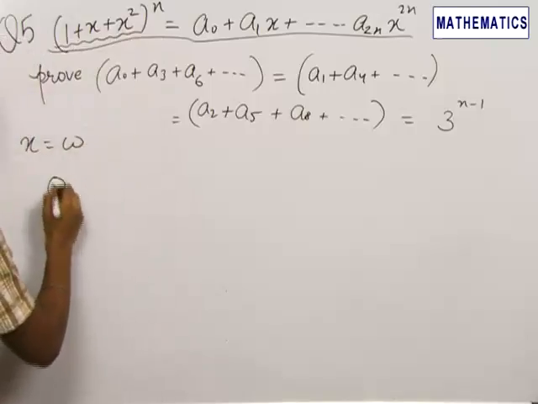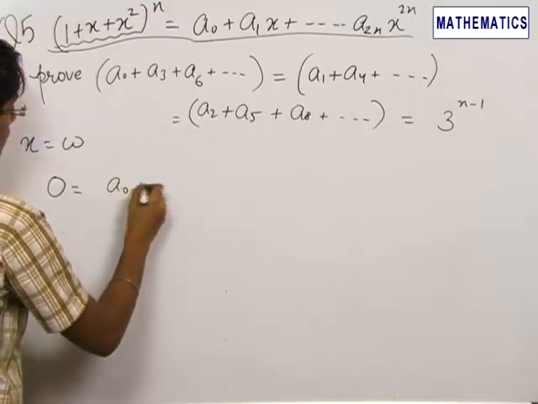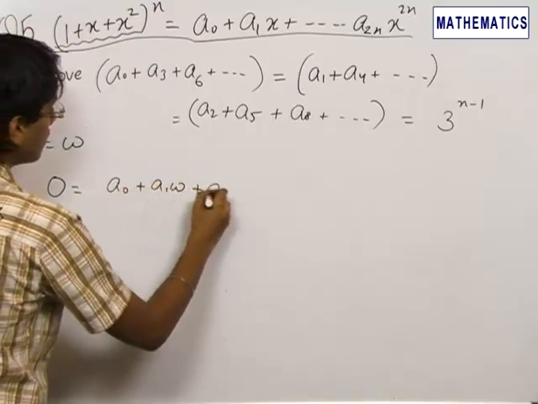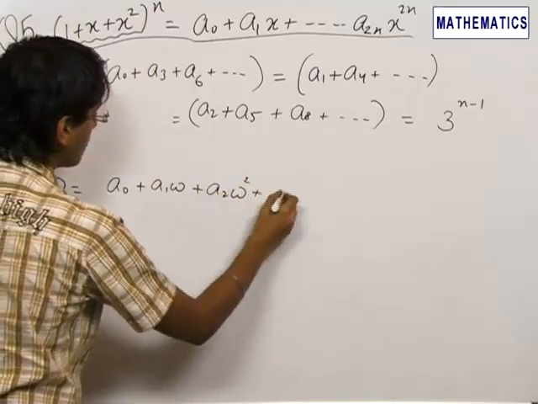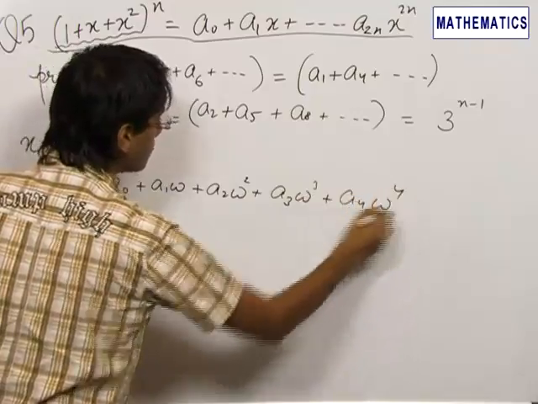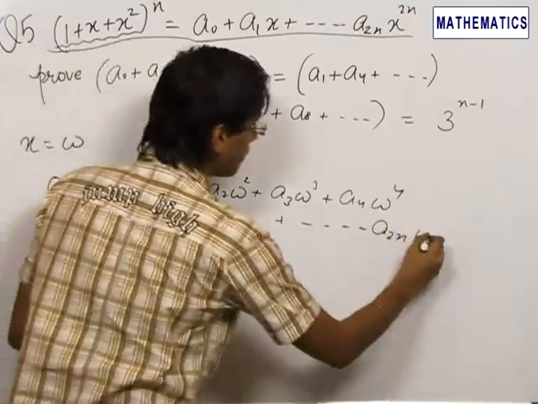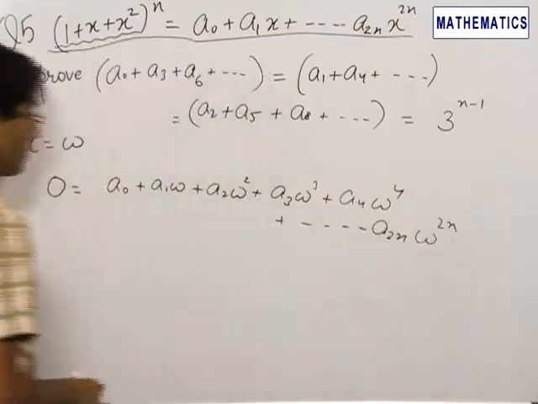So the left hand side becomes 0, equal to a0 + a1 omega + a2 omega² + a3 omega³ + a4 omega^4 up till a2n omega^2n.